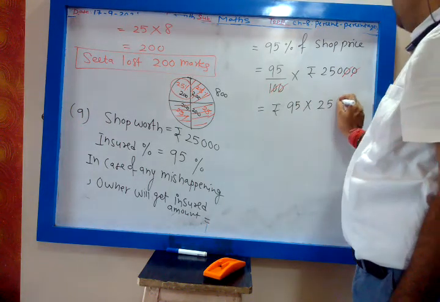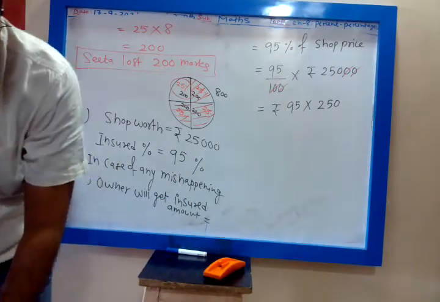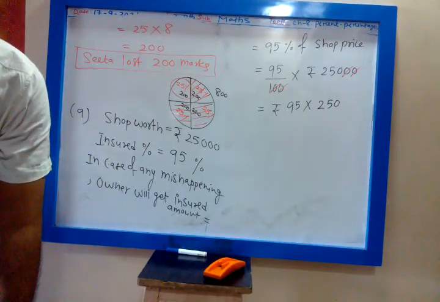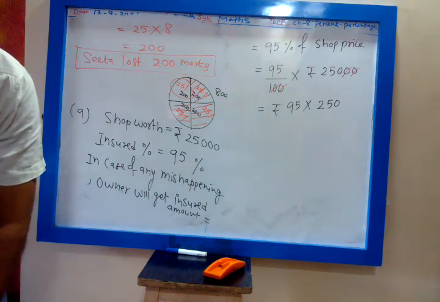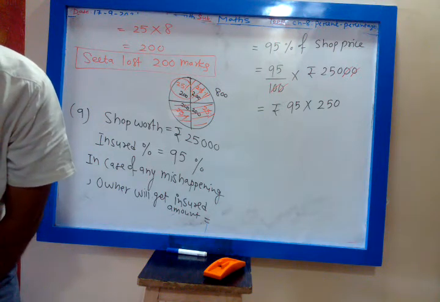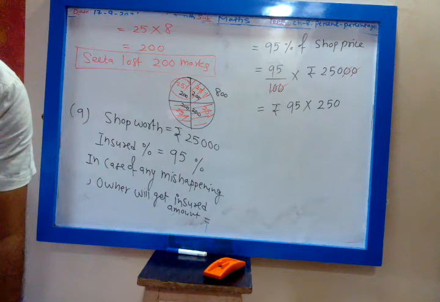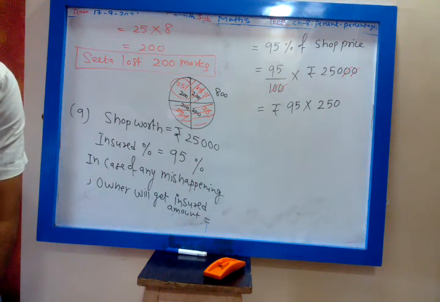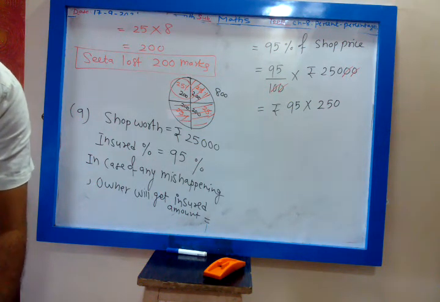95 into 250, multiply. Come on, tell me the answer first. Tell me the answer first. 665?